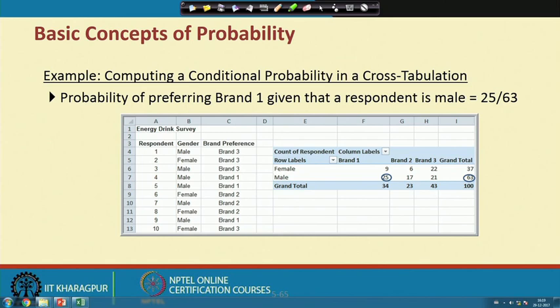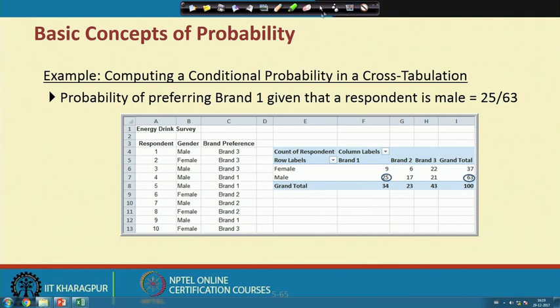So this is brand 1 and male, and by default the target is here. Obviously the probability will be 25 by 63, which is 25 by 100 divided by 63 by 100.